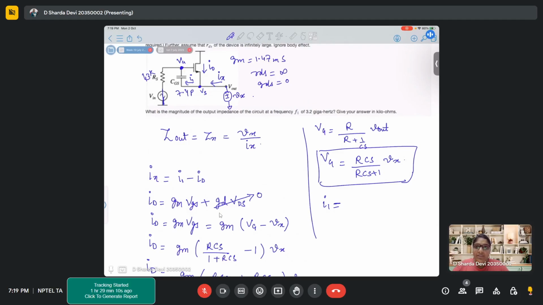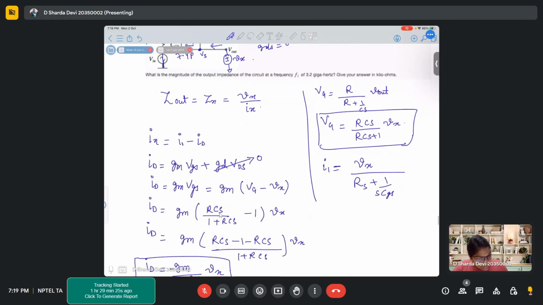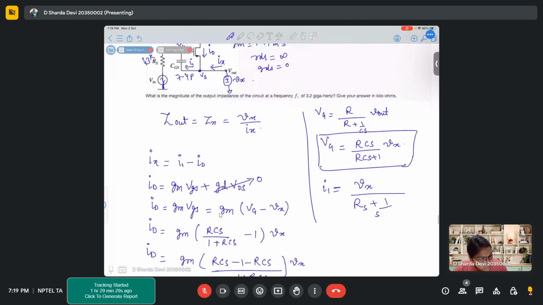I1 is flowing through CGS and RS. So I1 I can write as Vx upon RS plus 1 upon sCGS.